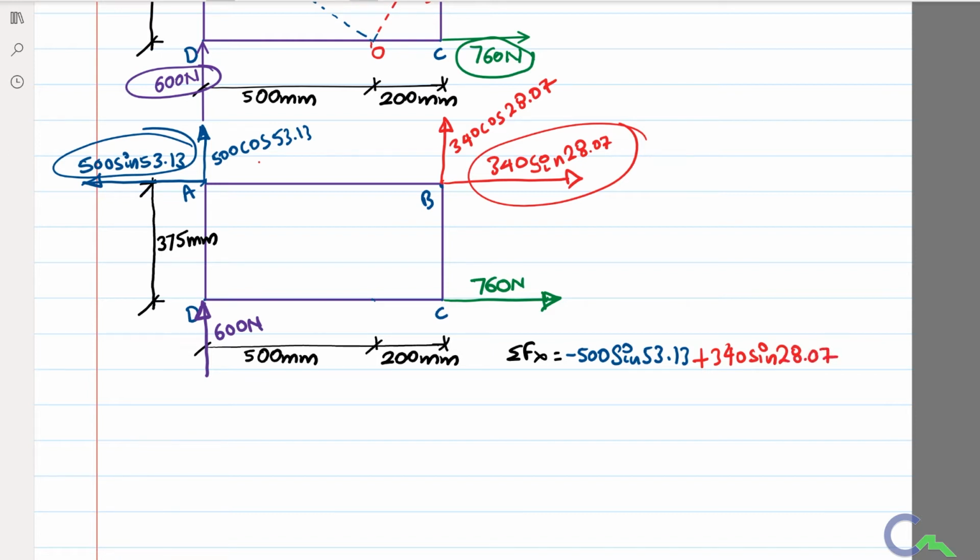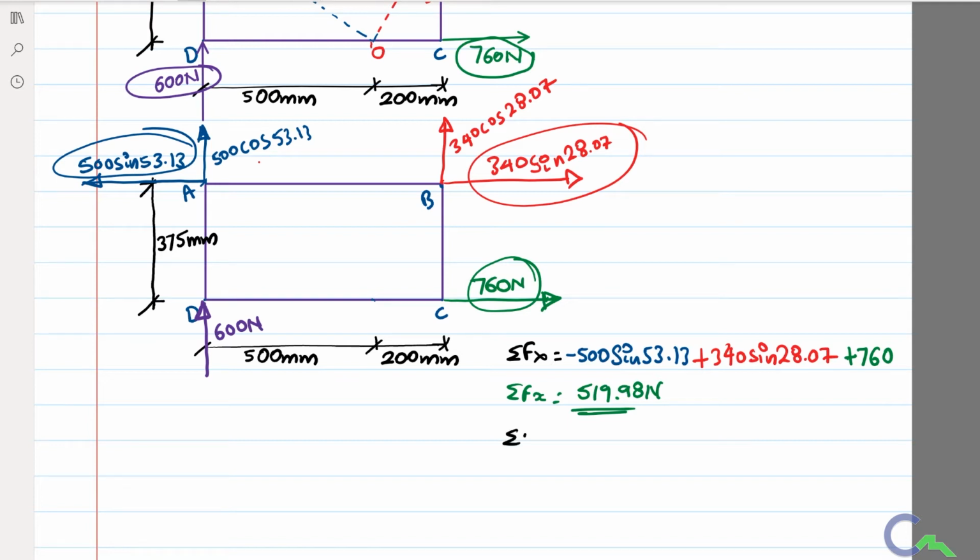The last force, 760 Newton, is acting in the positive direction, so I will take plus 760. If I do the summation, I will get 519.98 Newton.